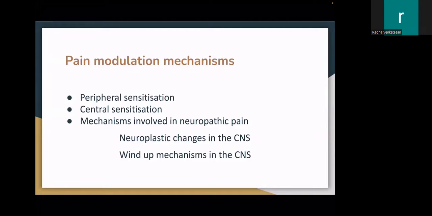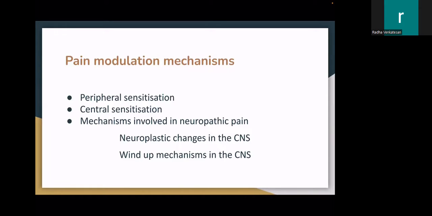Basically, for example, one stimulus produces a 5% response. Whereas if there is a wind-up response, it is amplified. We know what amplification is. We have heard amplification is making something small into something big. So that is one of the reasons why a small pain can become a big one.